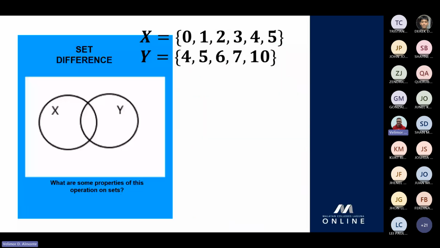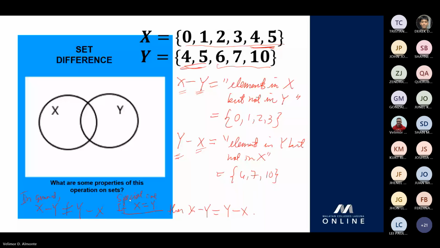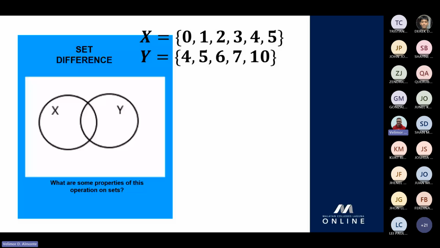If the two sets are not equal, then x minus y is not equal to y minus x. Okay, so I referred to y minus x. Referring to shading, I'll shade this. This is x minus y, except the overlap. Y minus x, I'll shade this.